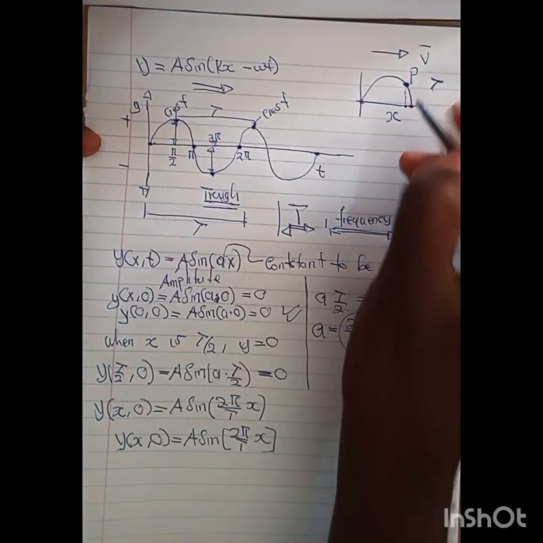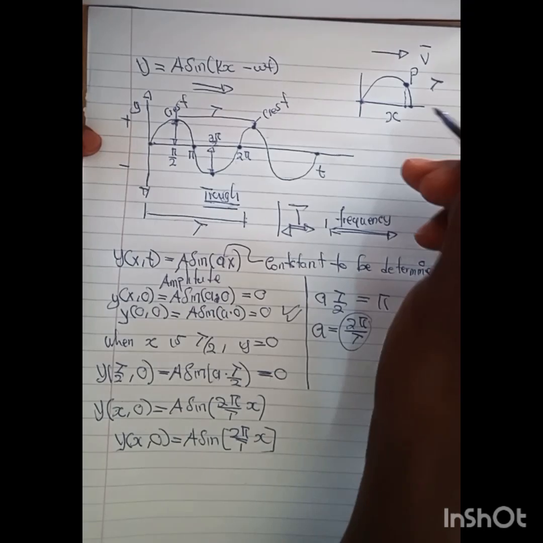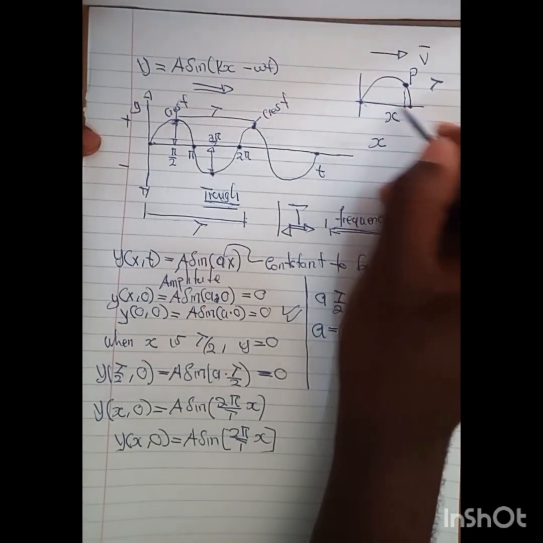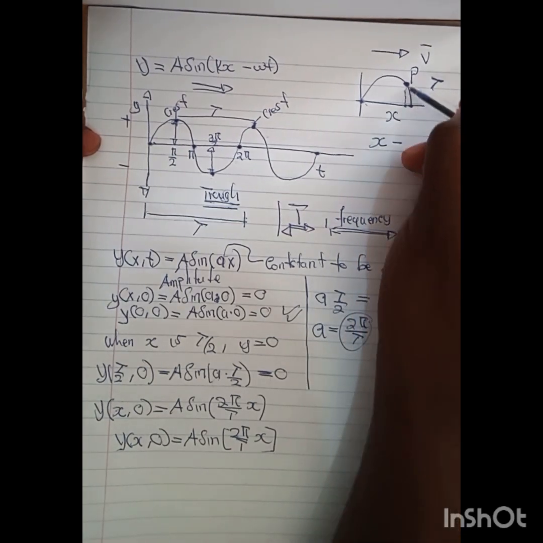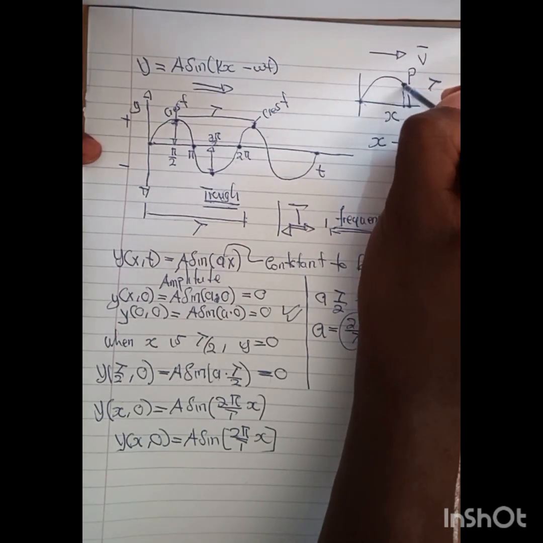This is nothing but the total displacement from here to here. Then we subtract the displacement moved by this wave from this point up to this point.